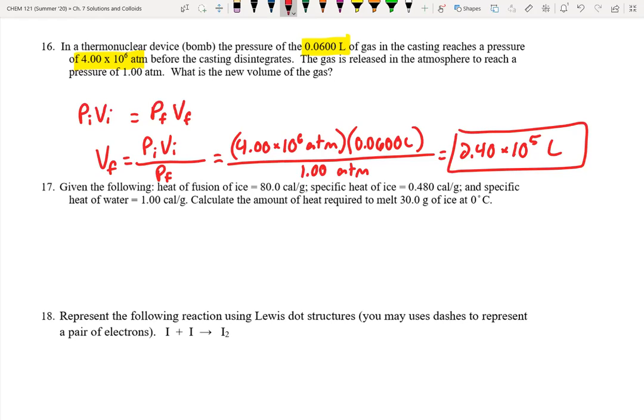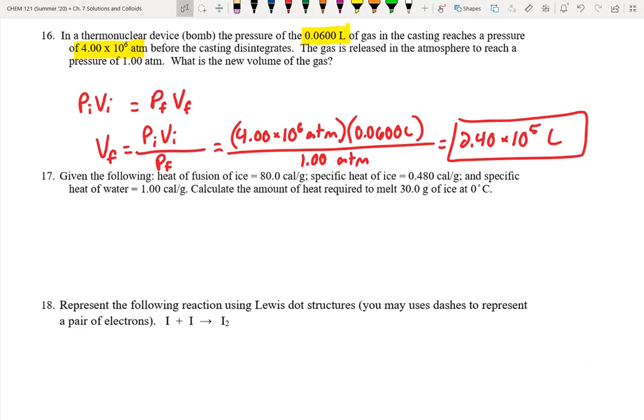And that's what makes a good high explosive, is something that generates a large amount of gas really, really quickly. That's why these weapons are incredibly damaging, in addition to obviously the radiation and the heat. Any questions on that one?